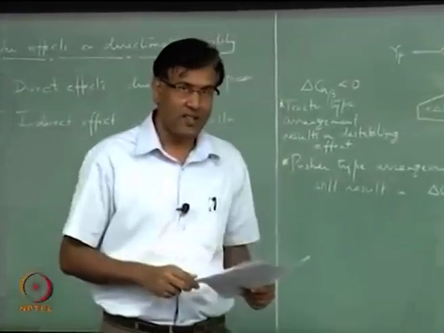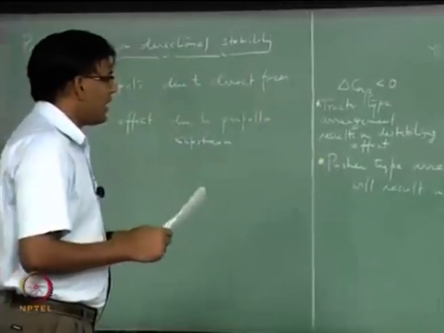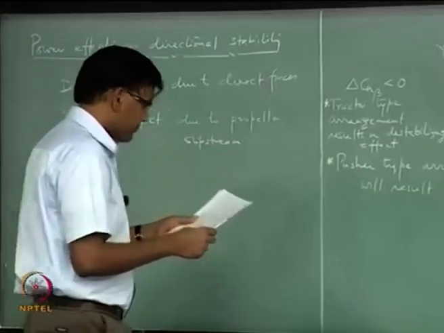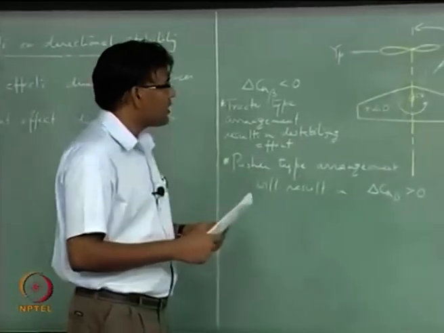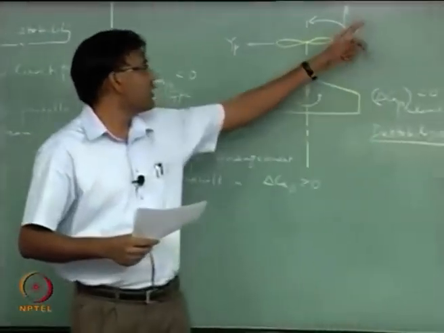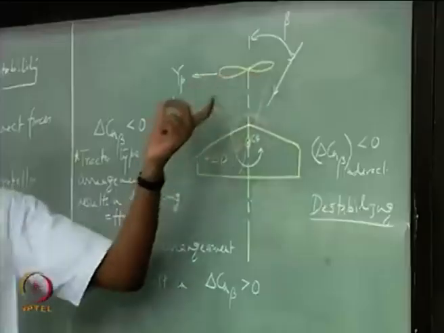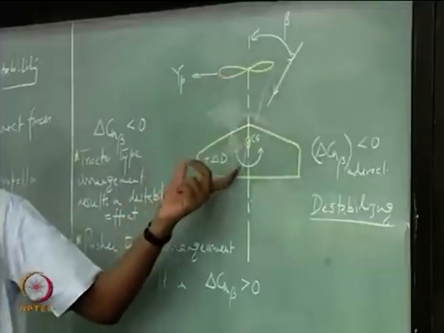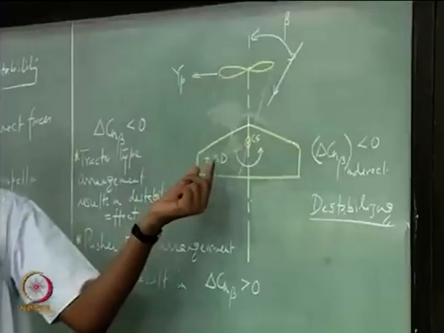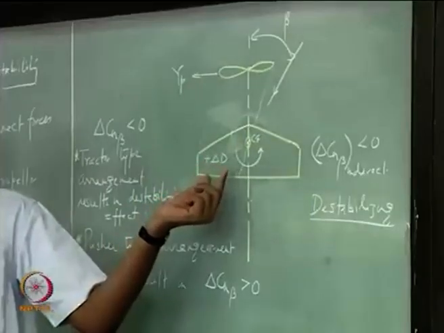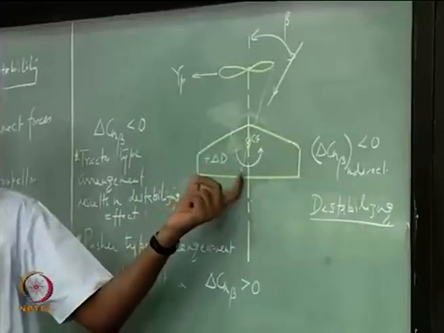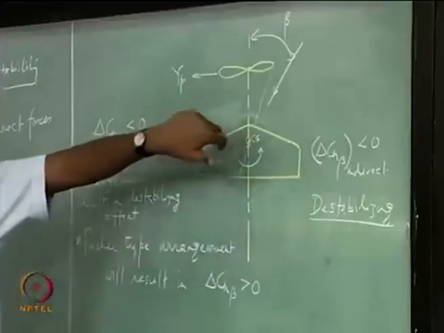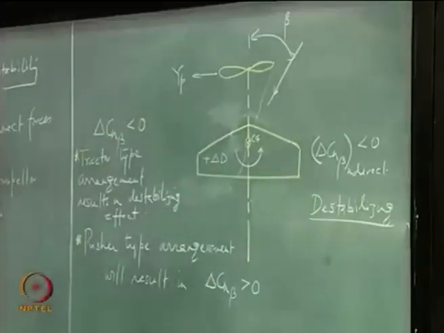Okay. And the third case is this, when the propeller slipstream is affecting the flow over the wing, right, and that is going to create additional drag on this part of the wing, and that is going to give you a negative moment, right.